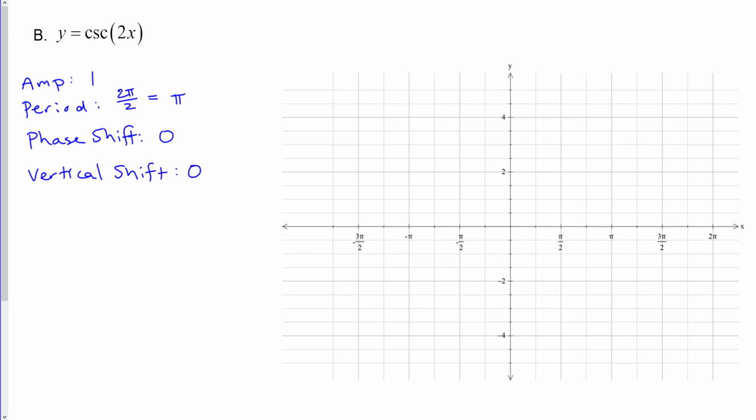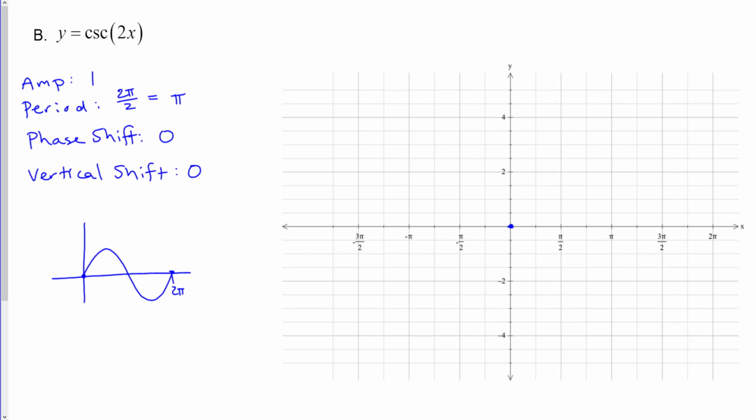Alright, so the sine wave normally is going to start at 0. It will go up to its maximum, then back down, and back over here to 0 by 2 pi. Alright, so there's no change in phase shift, so 0 on my sine is still going to be at 0 here.